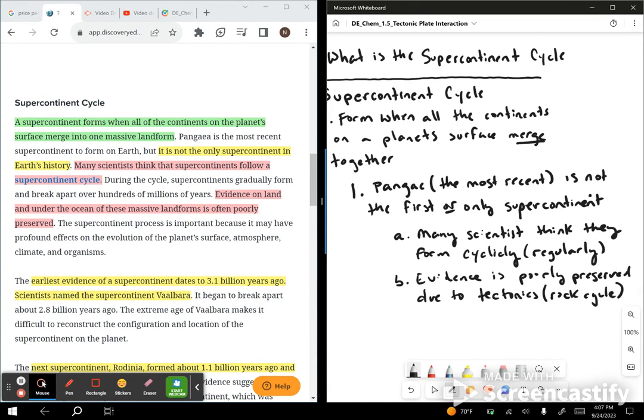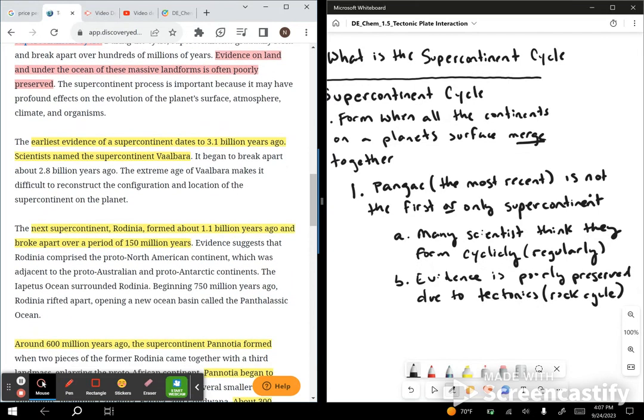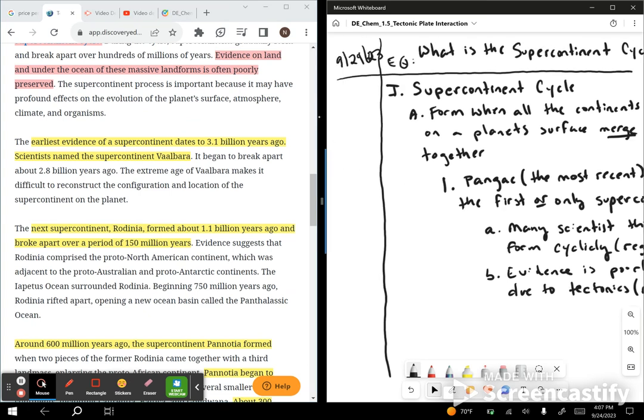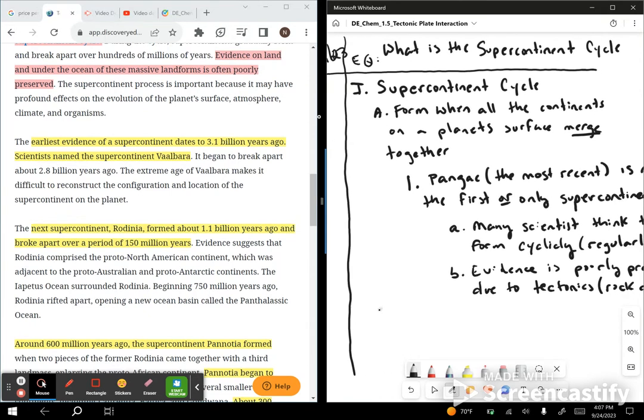Now, if we go on to our text and go to the second paragraph, the earliest evidence of a supercontinent dates to 3.1 billion years ago. So we'll make this capital B. Let's just call this the history. And under our history, we can say that the first one was called Valbara. Bet you haven't heard of that one. I probably have heard of it and forgot about it.